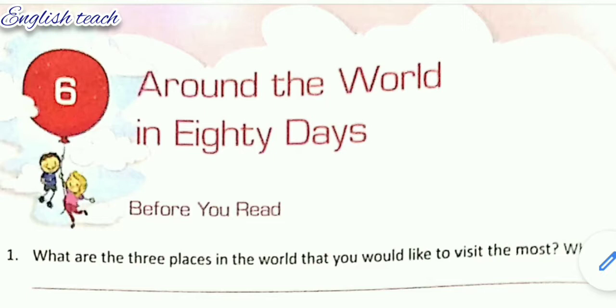His most successful novels are Journey to the Center of the Earth, published in the year 1864, and the second novel, From the Earth to the Moon, published in 1865. The next one is Around the World in 80 Days, published in 1873. Our story is taken from this novel. And Twenty Thousand Leagues Under the Sea is also a very famous novel of his, published in 1869.